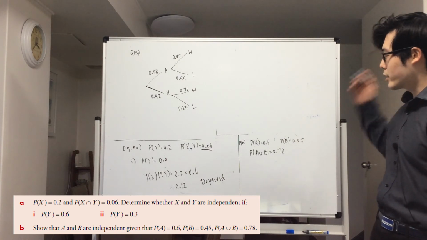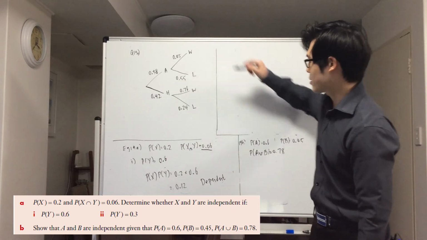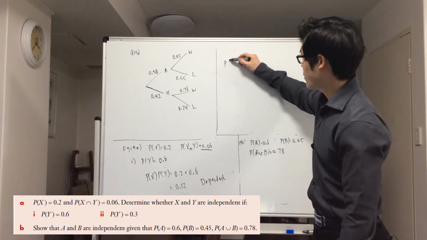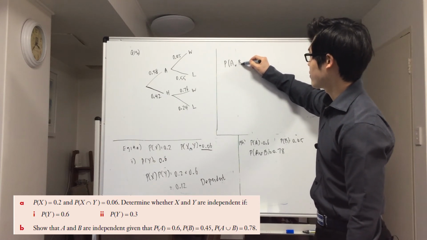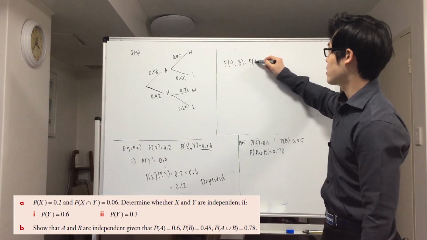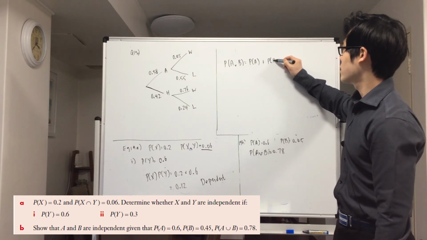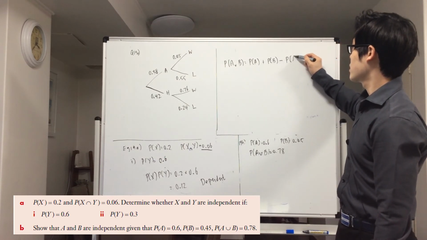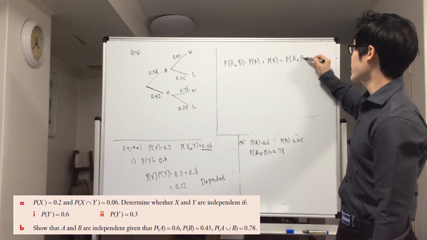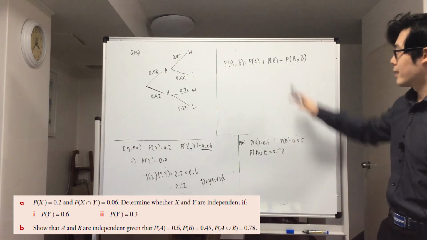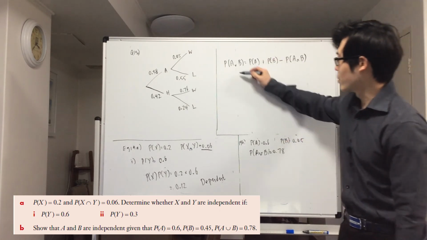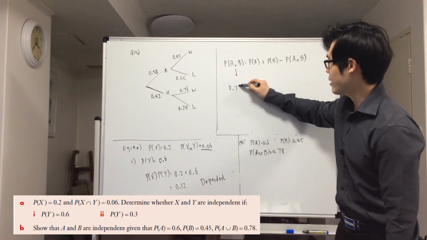So in order to do this question, girls, let's go back to what we learned in our first exercise. We've learned this. Yeah, remember that? So let's apply this here. So we know this number, 0.78.